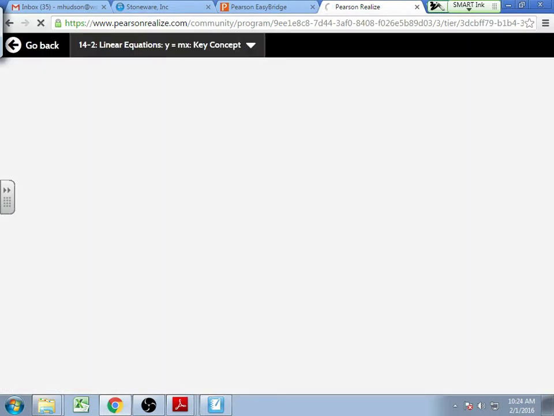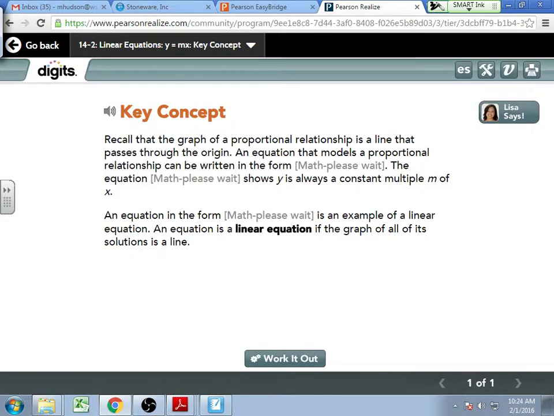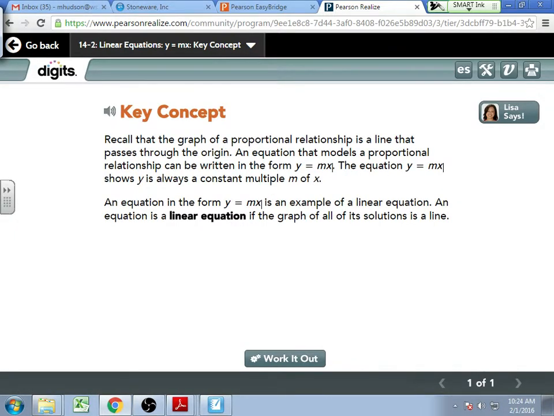Let's jump to your key concept. So, proportional relationship, 2 things. Straight line passes through the origin. We know that any equation to model it will look like y = mx. If it's not proportional, that's when the plus or minus b comes into play. When you have y = mx plus b, that means it's not proportional.